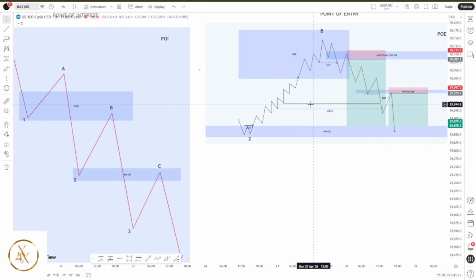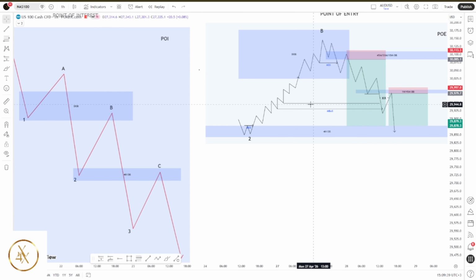So you can catch a 1 to 13 if you see these kind of setups. And it doesn't mean that you have to wait for the whole number 2 to be taken out. This whole number 2 here. You can take your profit in these levels here if you can't wait for long.